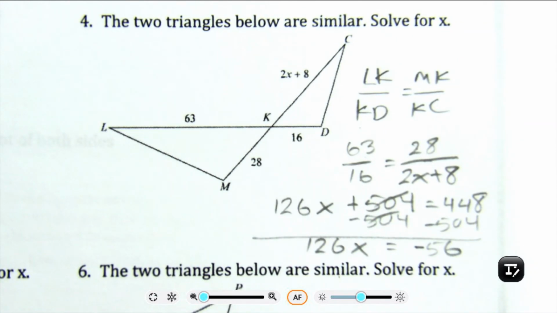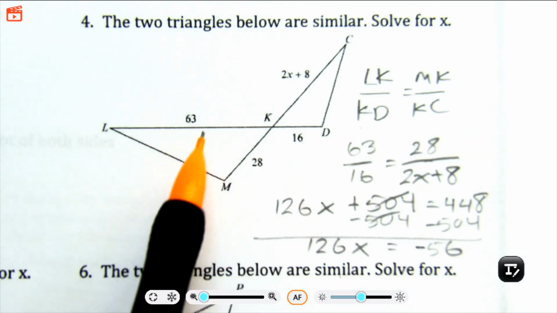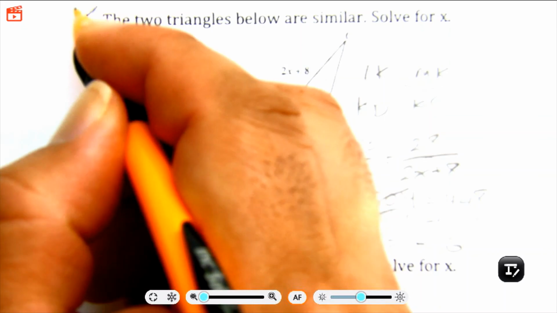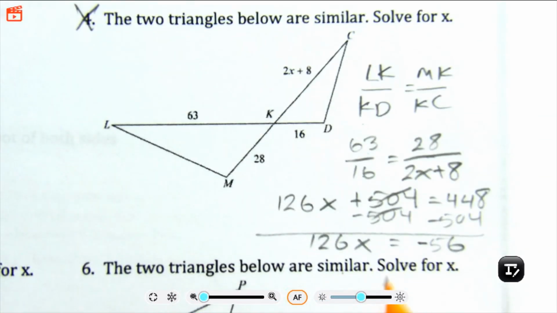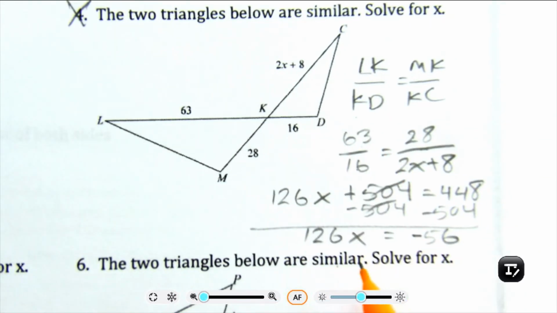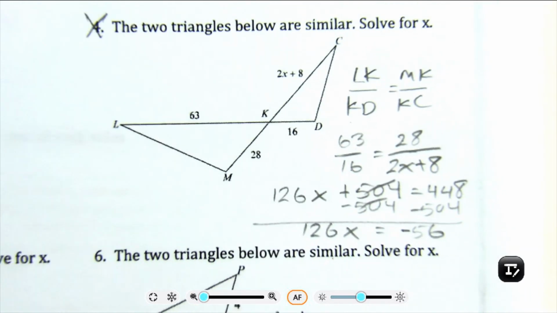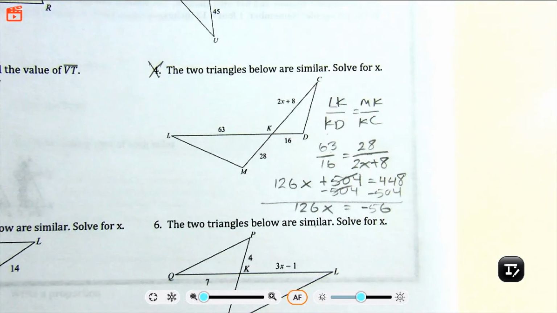I think there might be an issue with the values. Do not worry about problem number 4, but this is the correct setup. If you guys run into an issue with a negative number again, please just stop right there because I don't think we could get an answer that's negative in these problems.